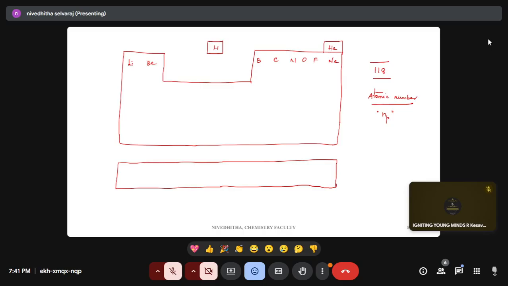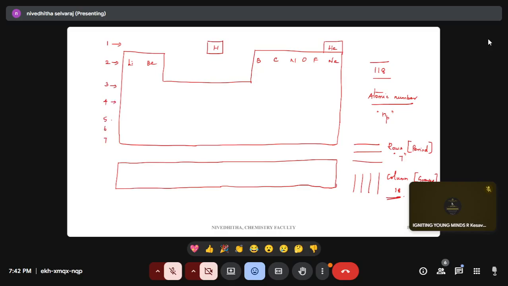See, actually horizontal rows are called periods. So we have 7 periods in the periodic table, and vertical columns are called groups, and we have 18 groups. So this is period 1, this is period 2, this is period 3, 4, 5, 6 and 7.